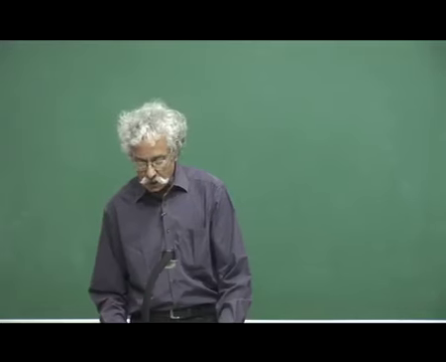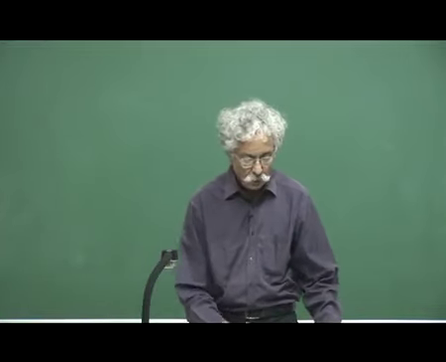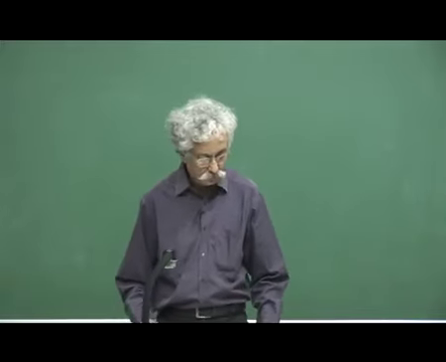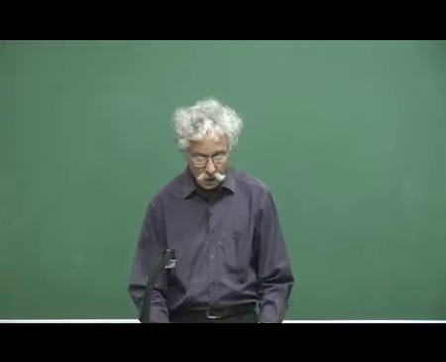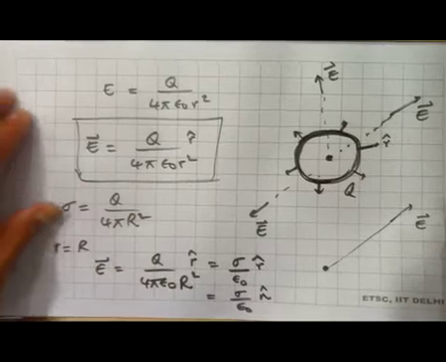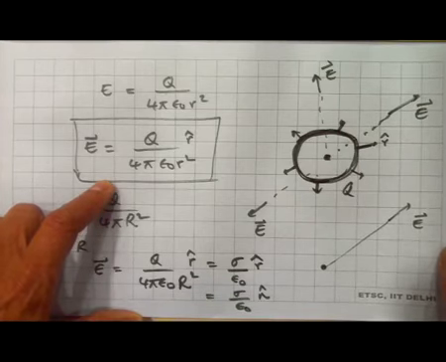So this is a very interesting example where we have seen the power of Gauss's law in calculating the electric field produced by a charged conductor. Inside the conductor the electric field is 0, and outside the conductor the electric field is exactly the same as if the charge was concentrated at the center of the sphere.